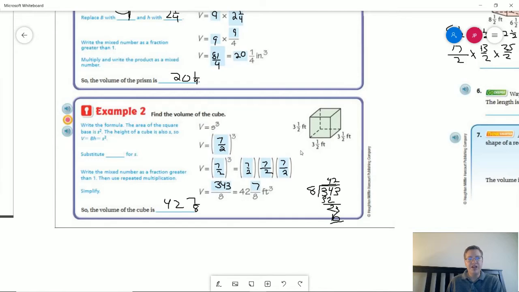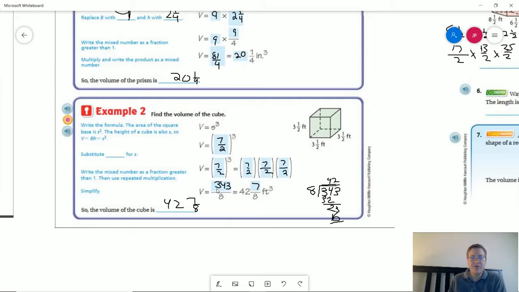Number 2, we are going to change all 3 of these to 7 halves. And so 7 halves cubed would be equal to 7 halves times 7 halves times 7 halves. We are going to have 2, 4, 8 on the bottom, which should be very familiar from when we were finding half-size blocks, the number of those, and then dividing by 8 to find our volume.